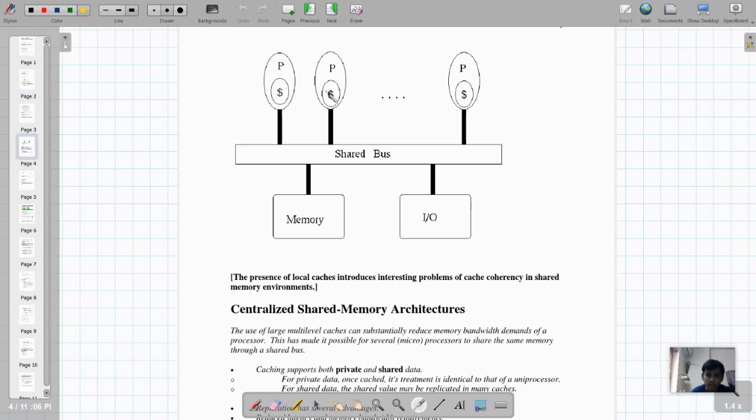And this will be the same for all the processors, although the main memory unit acts as a global memory address space. However, this presence of local caches introduces an interesting problem called the cache coherence problem in shared memory architecture. So, how does this happen?